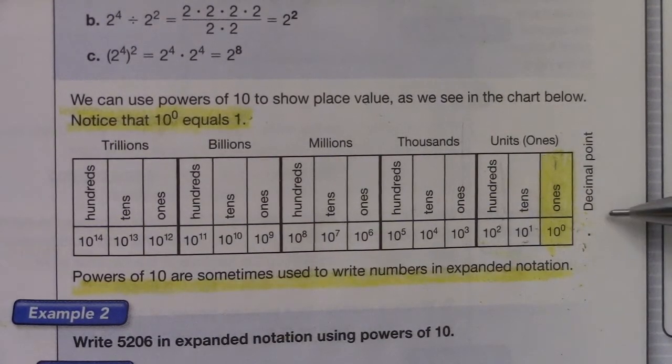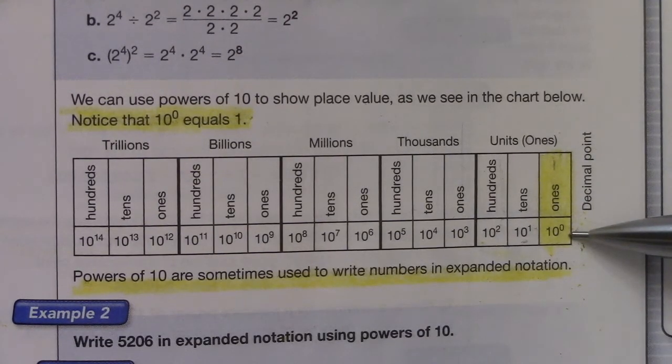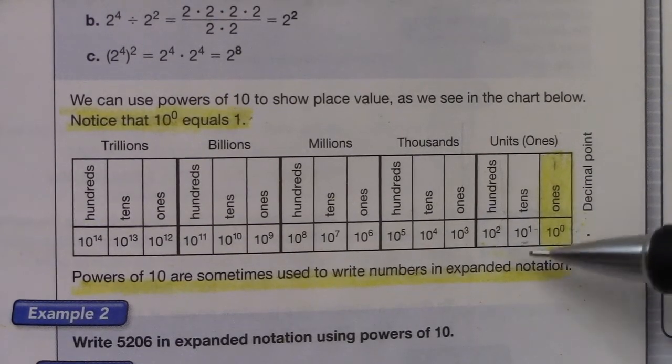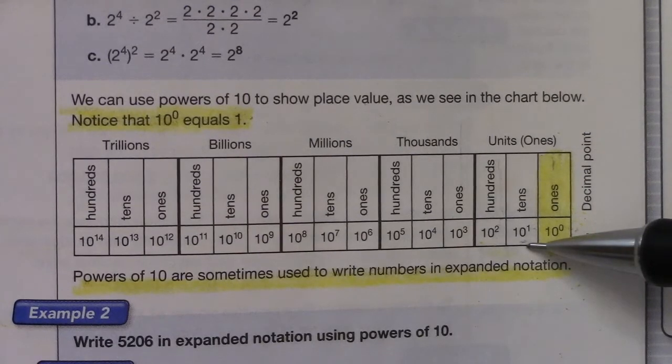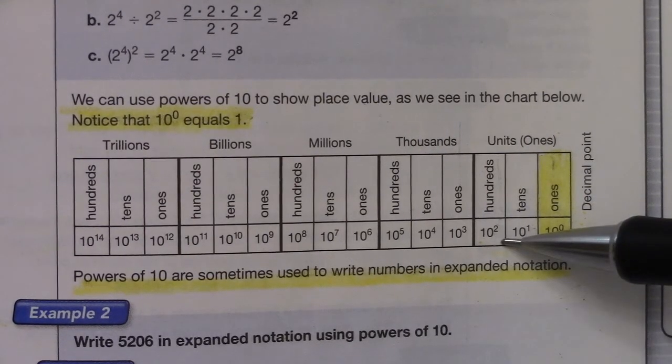But the important one to note here is that 10 to the 0 is simply a 1 with no zeros added on, so just 1. And 10 to the 1 is a 1 with 1 zero added on, so that's 10. 10 to the 2, a 1 with 2 zeros, or 100.